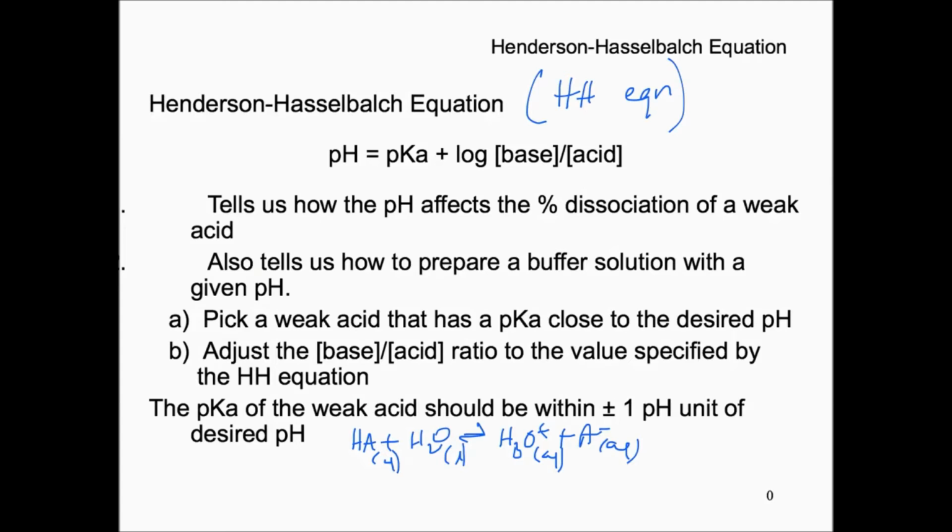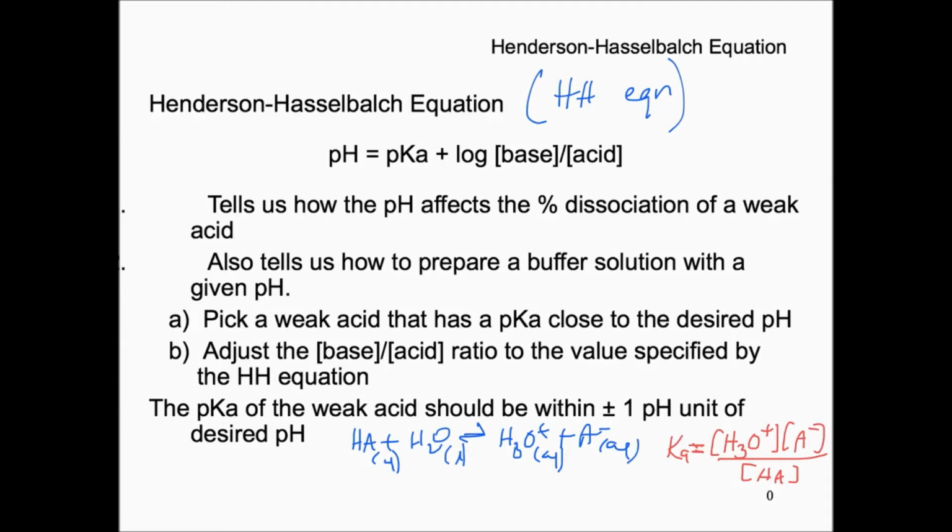And we can write down for such a situation that Ka is equal to hydronium times A minus over HA. All you've got to do is rearrange this.